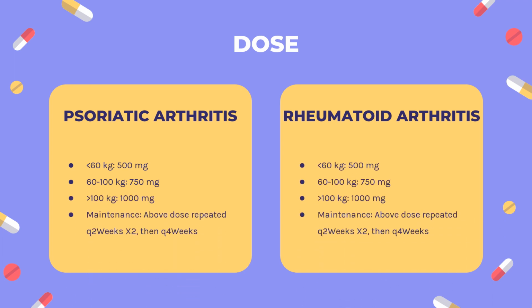Dose: rheumatoid arthritis. Indicated for moderately to severely active rheumatoid arthritis, RA, in adults. For IV infusion: less than 60 kilograms, 500 milligrams; 60 to 100 kilograms, 750 milligrams; greater than 100 kilograms, 1000 milligrams. Maintenance: above dose repeated every 2 weeks for 2 doses, then every 4 weeks.